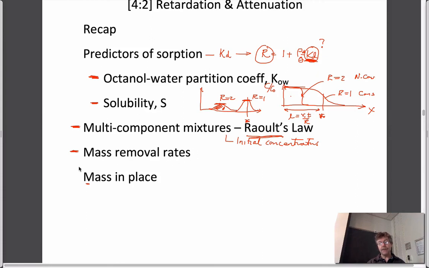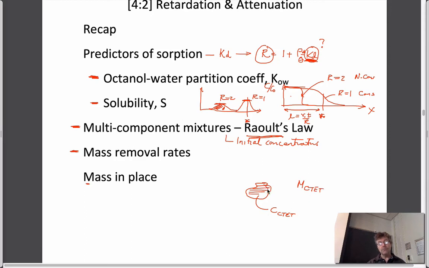based on the fact that we have sorption happening, is how might we calculate, if we have an aquifer, which we look at in plan view, which has a certain concentration of, say, carbon tet, what is the mass of carbon tet within that aquifer?